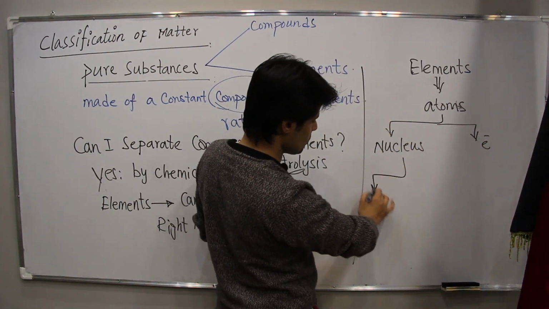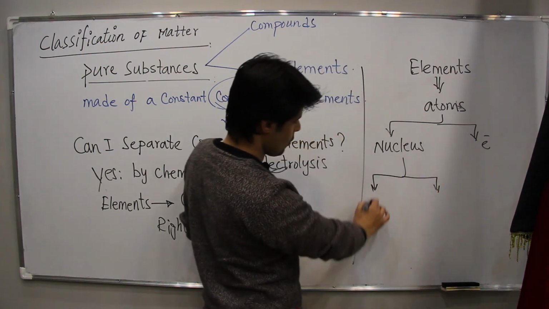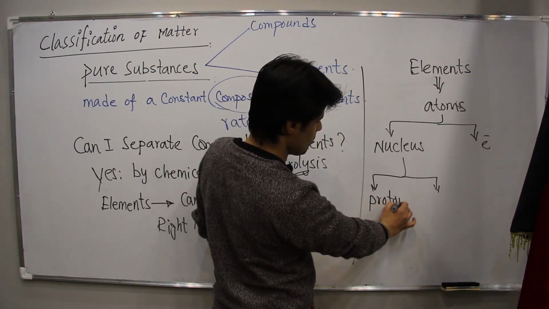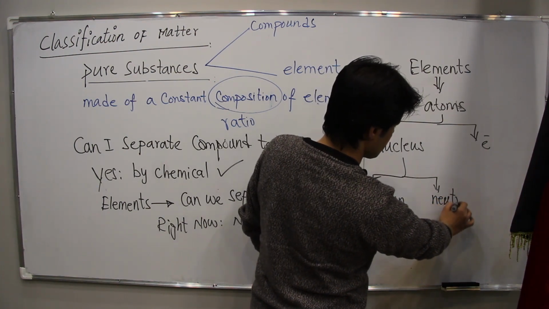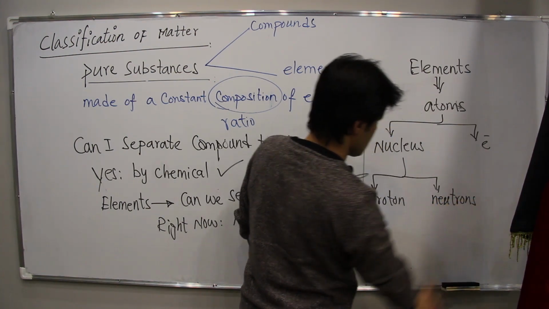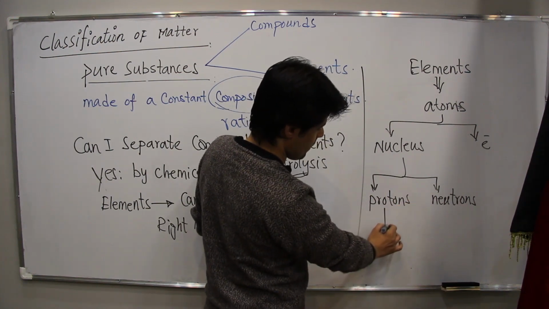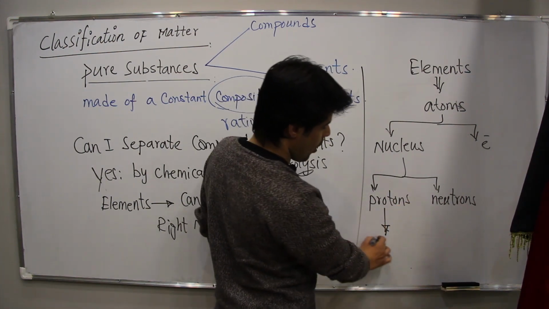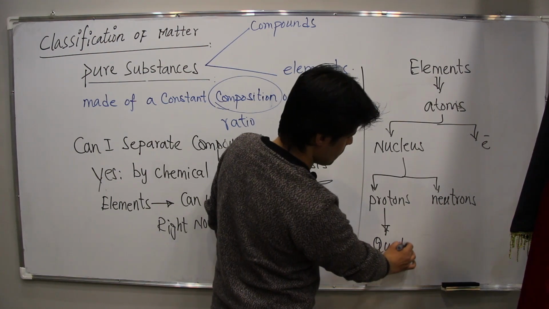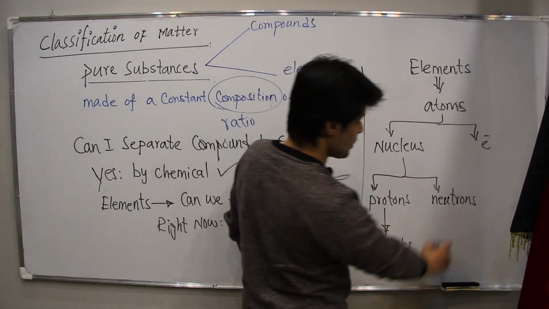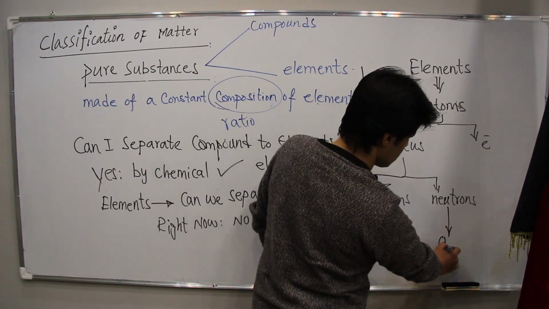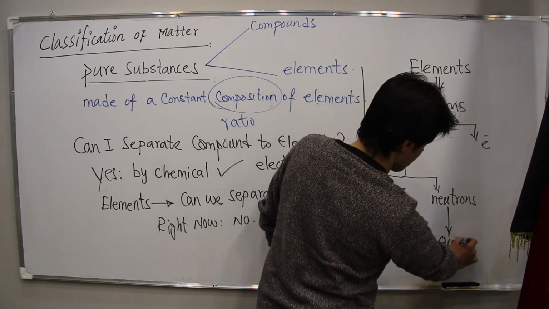The nucleus also consists of two parts: one is protons, the second is neutrons. And these protons consist of quarks, which are small particles, and neutrons also consist of quarks.